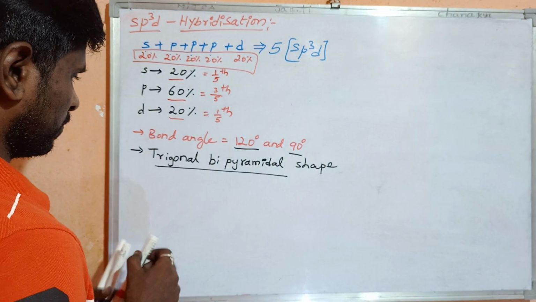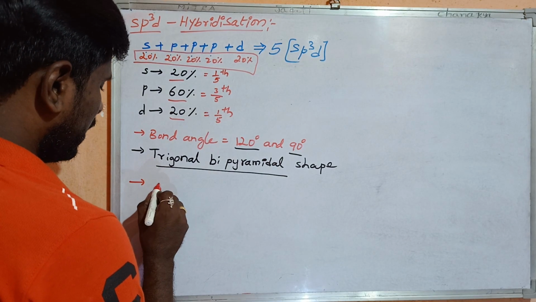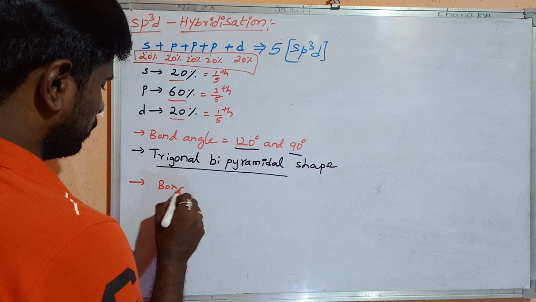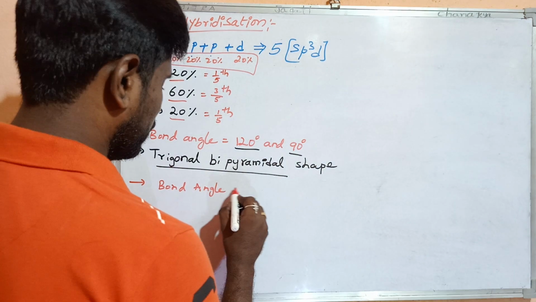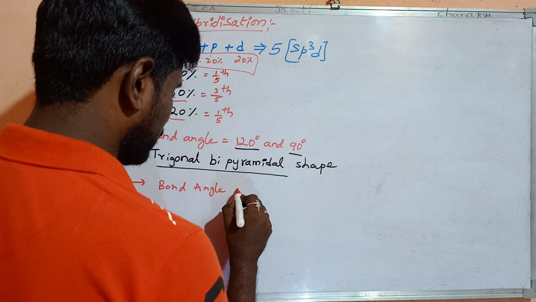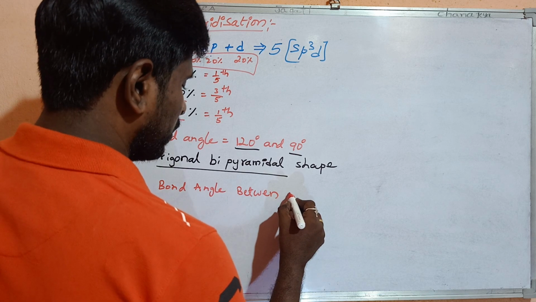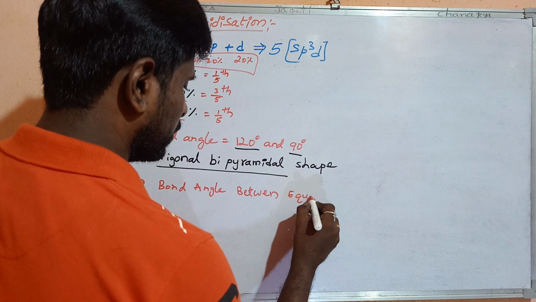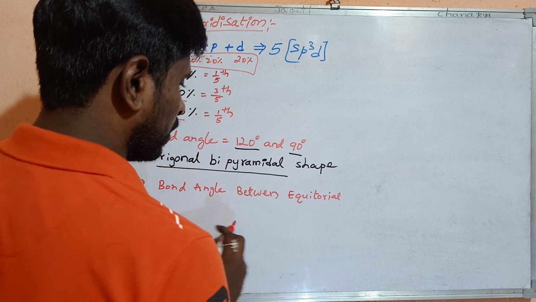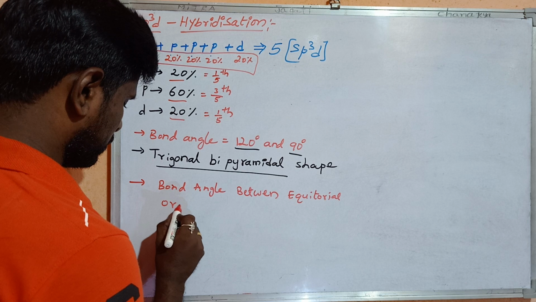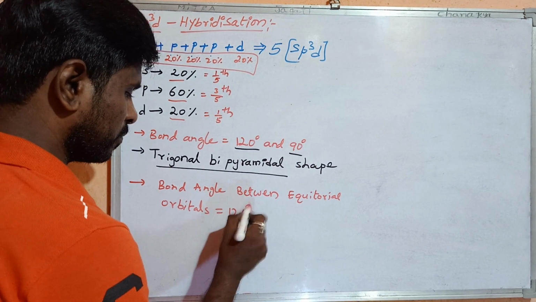Listen, here we have discussed bond angles. The bond angle between equatorial orbitals is equal to 120 degrees.